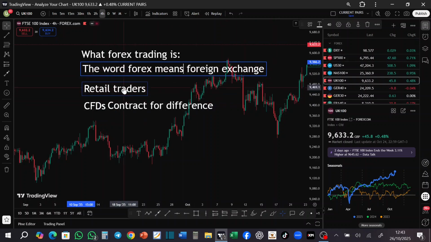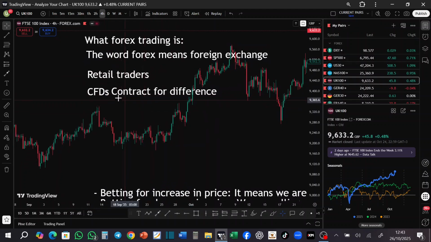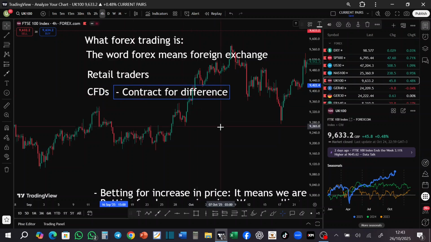As retail traders, you and me as individuals, we get involved in forex trading in what we call CFDs, which is contract for difference, meaning that we sign a contract between you as a trader and a broker that each one of you must pay each other for the difference in price between the entry point and the exit point.